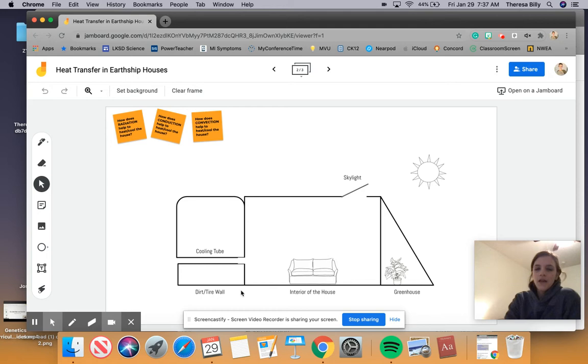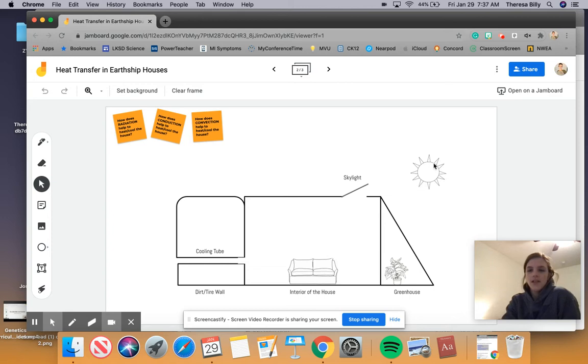Some additional features are skylights, which I put here, but I think in the video they showed the skylights in the greenhouse area. That could be a thing. There's also a cooling tube vent towards the back of the house that runs through that entire dirt and tire wall mound. So that's the gist of your Earthship house.